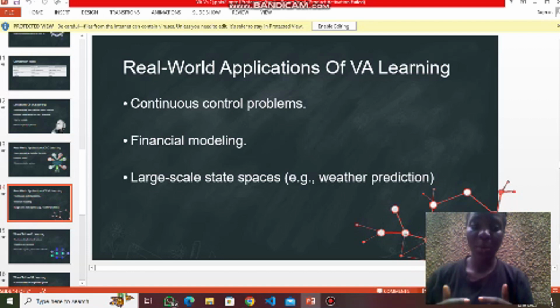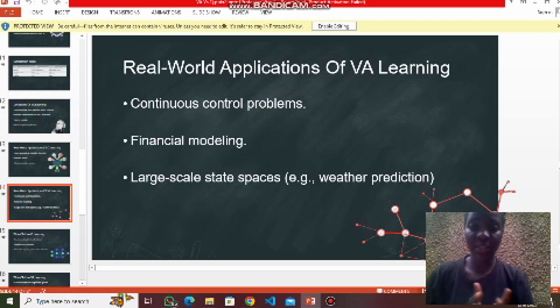To give an example, drones, which are used maybe at ceremonies to capture what's going on. VA learning enables them to learn smooth and energy efficient flight paths in dynamic environments, resulting in low battery consumption.